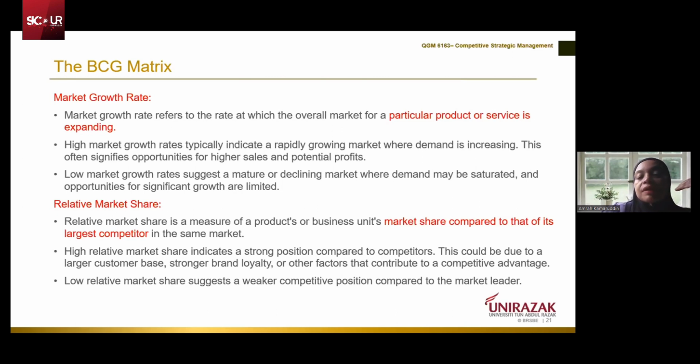The market share means how large a proportion a particular product or brand holds in the market. So for example, with Apple, how much market share does the Apple iPhone have in the market? You should know, for example, maybe about 55%, and the rest is lesser than that.